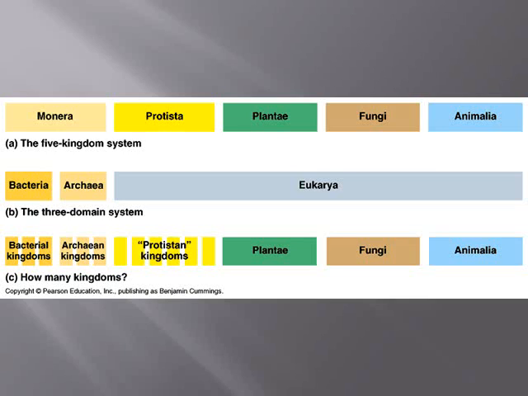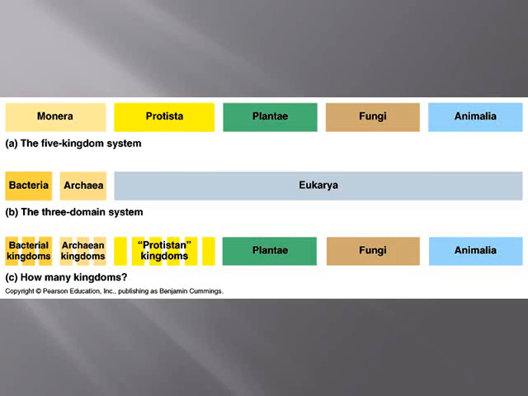Then, from that perspective, now we're able to break it into kingdoms. Now the kingdom number has changed over time. When I was a kid, we were on a 5-kingdom system, but since then they found that there's greater genetic disparity between bacteria and archaebacteria.